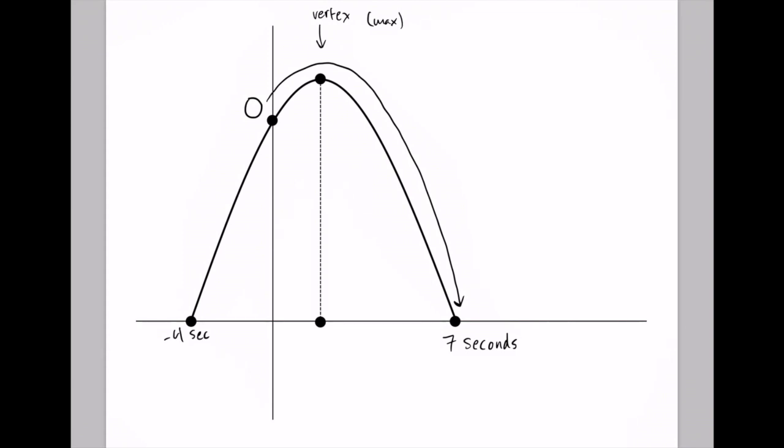That's the axis of symmetry. It's the exact center. It's the exact middle. So that means this amount of seconds is the same as this amount of seconds. So if we can find the distance between the negative 4 seconds and the 7 seconds and find the exact middle point, that will tell us this x value here.